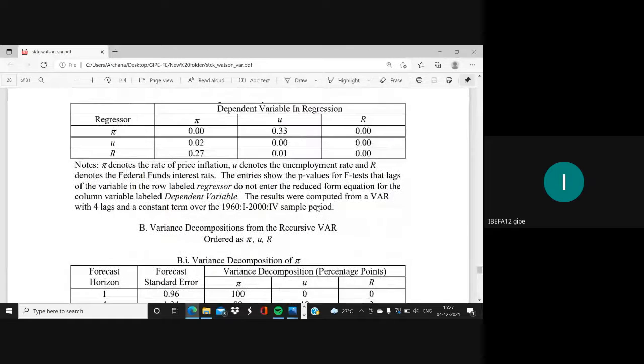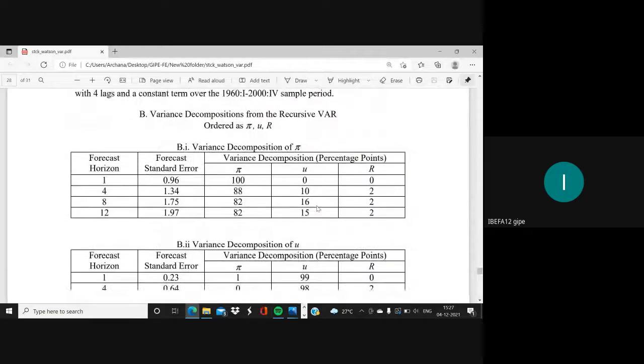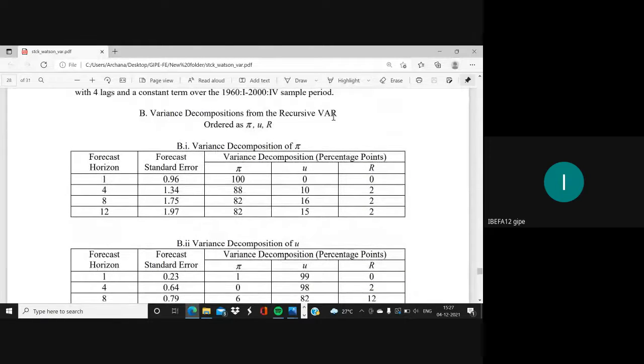Right, so this is the variance decomposition part from the recursive VAR model, which has been ordered this way. If you look at the variance decomposition of pi, here we are forecasting inflation several periods ahead and then seeing what portion of the forecast error variance is explained by its own shocks or by shocks to unemployment or by shocks to the interest rate.